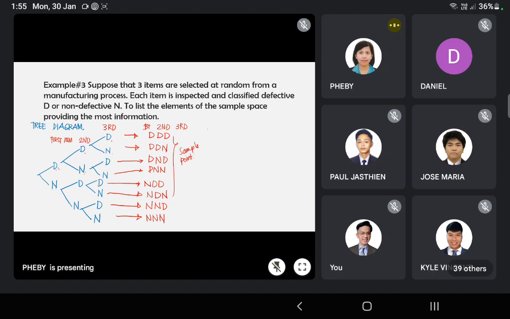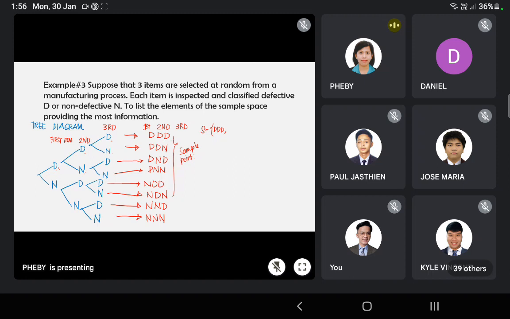So, for this experiment, the sample space has the possible outcomes of defective items. It's possible that the three items you get are all defective, according to the order in which you picked them. Suppose the first item you picked is defective, the second item is defective, and the third item is also defective.